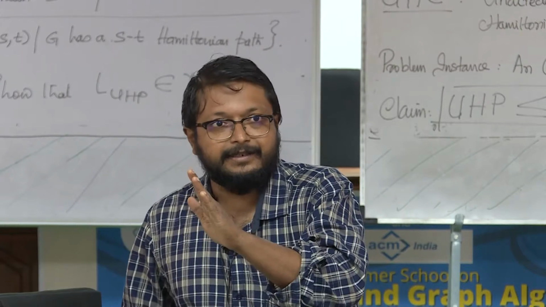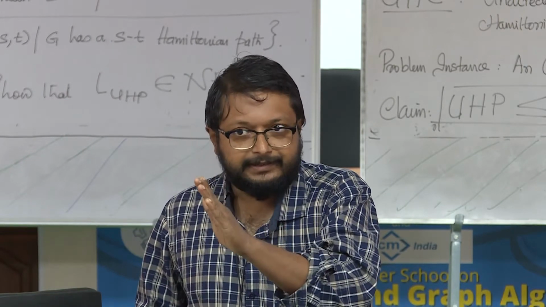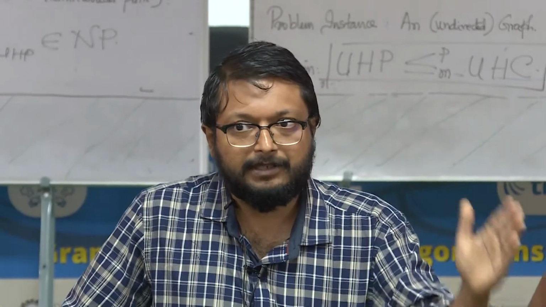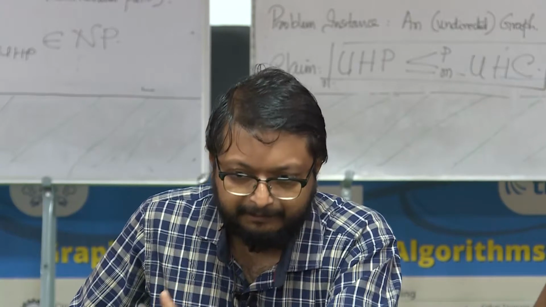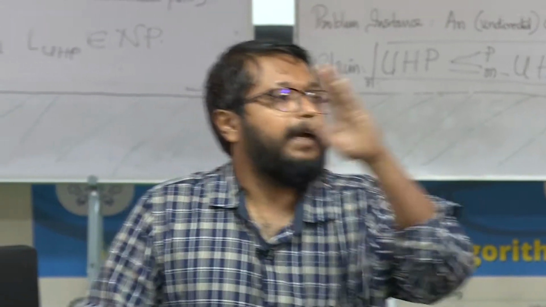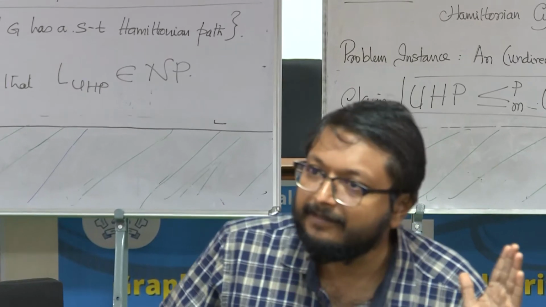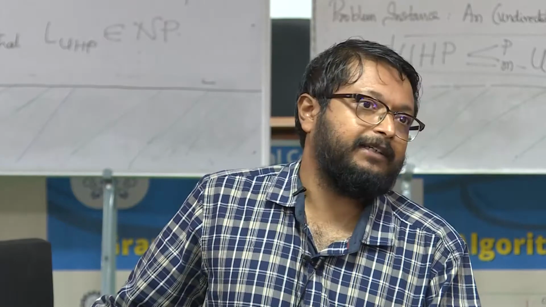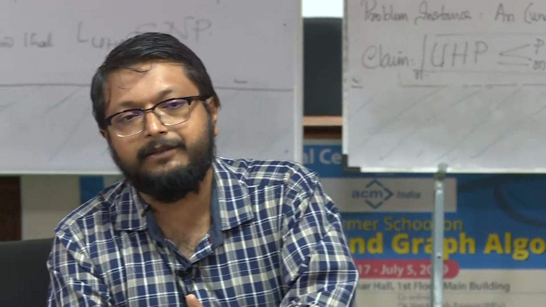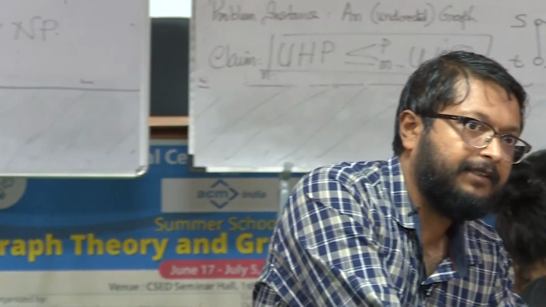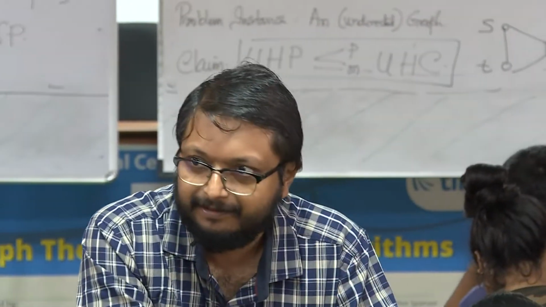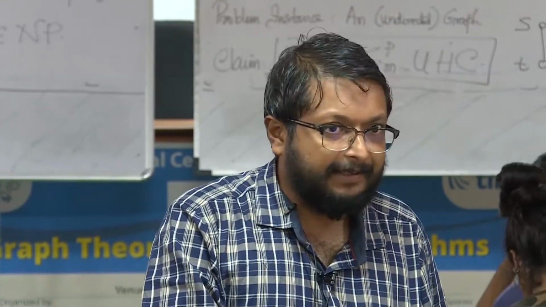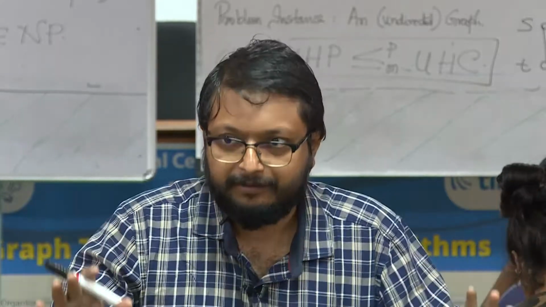Now the next reduction is to show that directed Hamiltonian path is reducible to undirected Hamiltonian path. This will show that undirected Hamiltonian path is NP hard. Now undirected Hamiltonian path is reducible to undirected Hamiltonian cycle. So that will show that undirected Hamiltonian cycle is NP hard. That's where we want to reach.